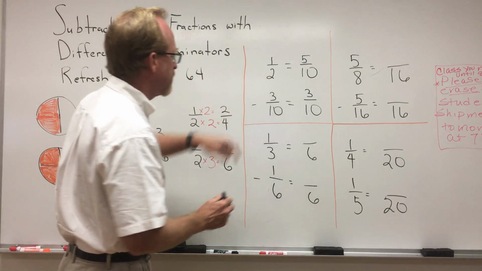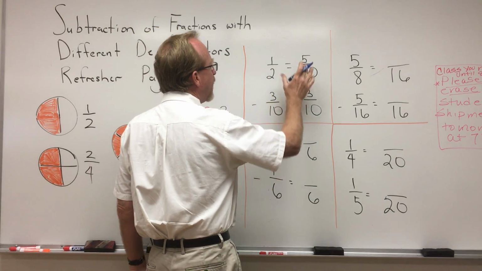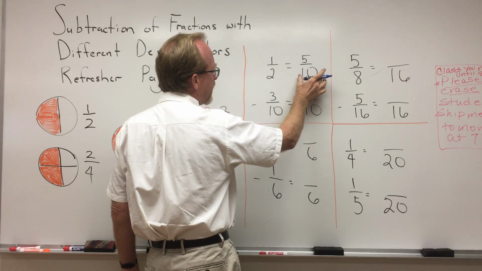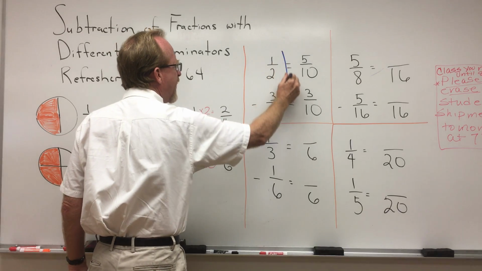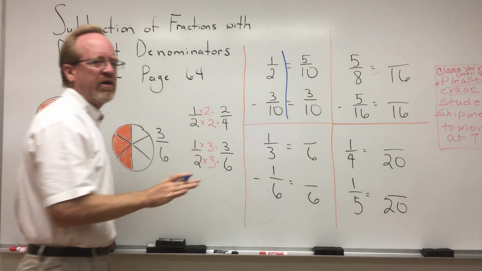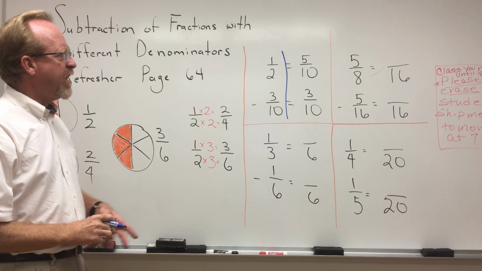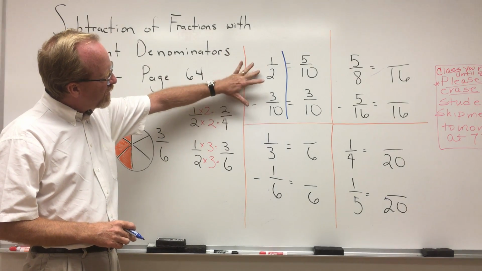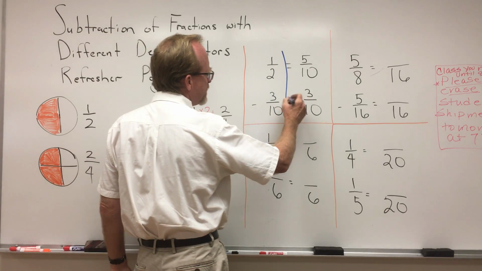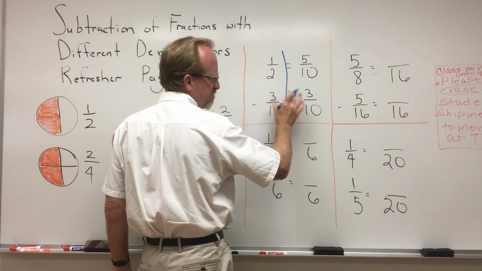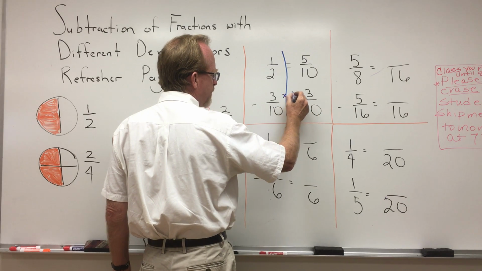Now, on 64, they've done something kind of interesting for you. They showed you first a problem just like we did over here. I'm sorry, let's go back to the original problem. They have 1/2 minus 3/10, which you can't do. You're not allowed to subtract fractions unless the denominator is the same. So what they did is they made it the same. Here, they just let it be. They just brought the 3/10 over times 1, basically.